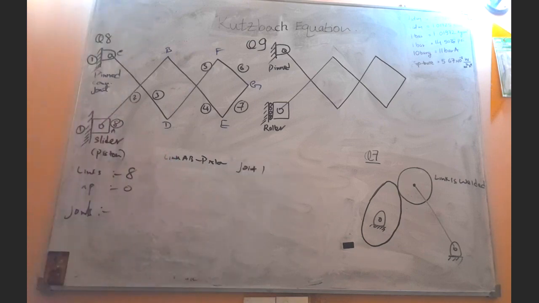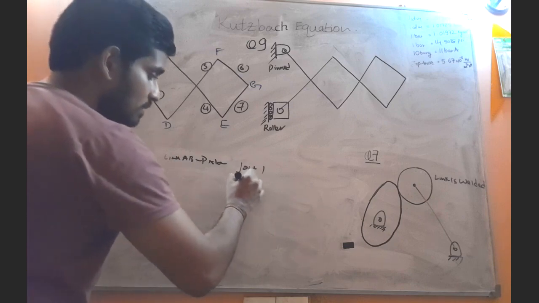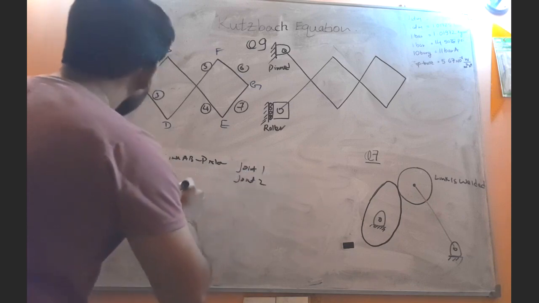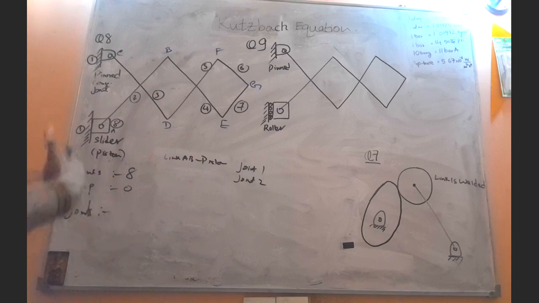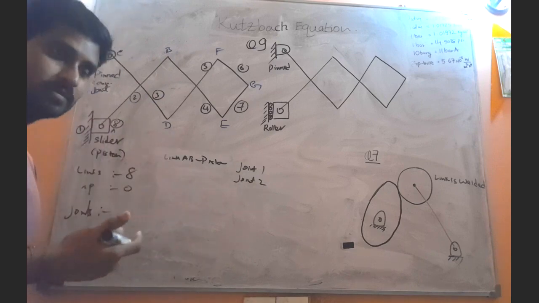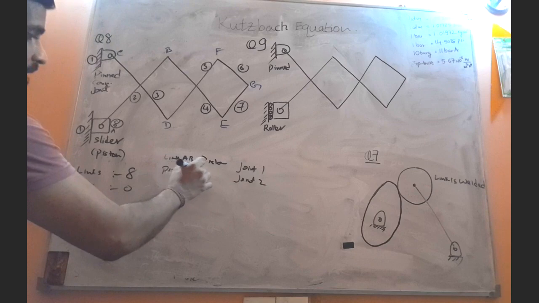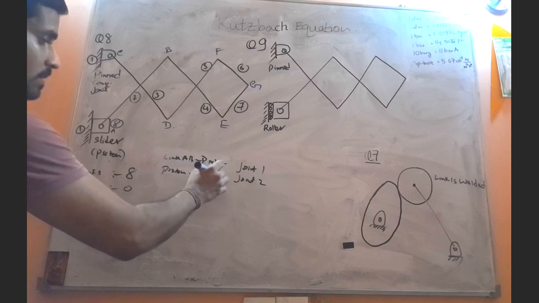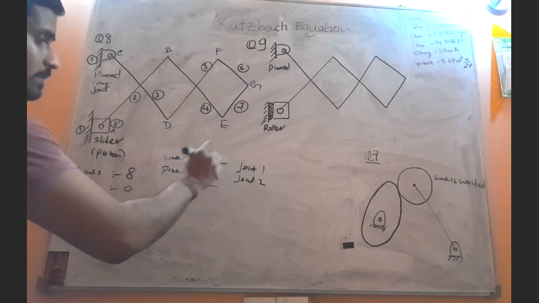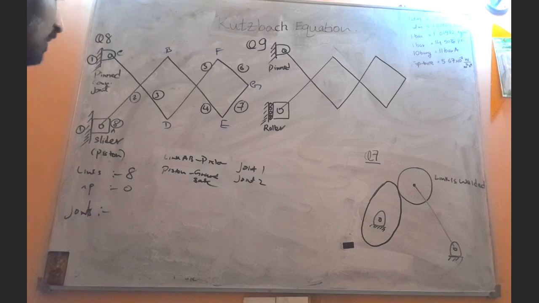Then the second joint is the connection that is established in order to connect the piston and the ground, or in other words, the base. So joint 2.